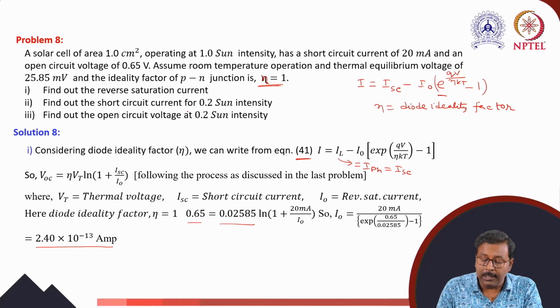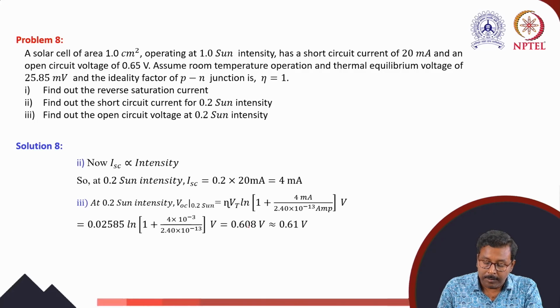Short circuit current is directly proportional to the sun intensity. So ISC when the full sun was 20 milliampere, it will be simply 0.2 into 20 milliampere, so 4 milliampere. And as ISC reduced to 4 milliampere, open circuit voltage can be calculated from the relationship for VOC at 0.2 sun. Again eta Vt ln this, but eta is equal to 1 here. You can get 0.61 volt.